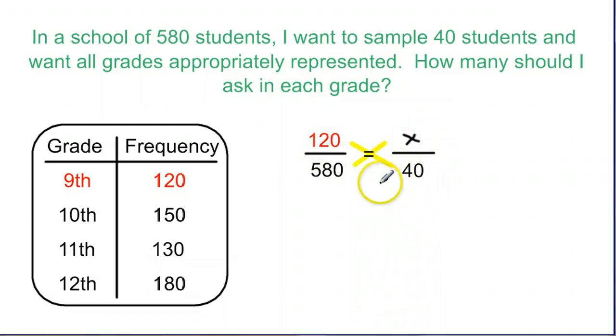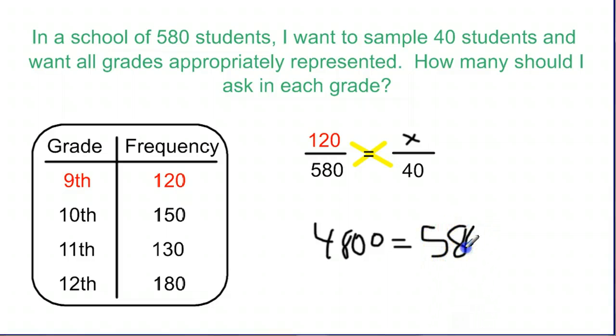Cross multiply, you get 120 times 40, and that's going to be 4,800. That's equal to, cross multiply the other way, 580x. So we cross multiplied. You want to get x by itself, so what do you do to both sides? You divide it by that 580 so that x is alone.